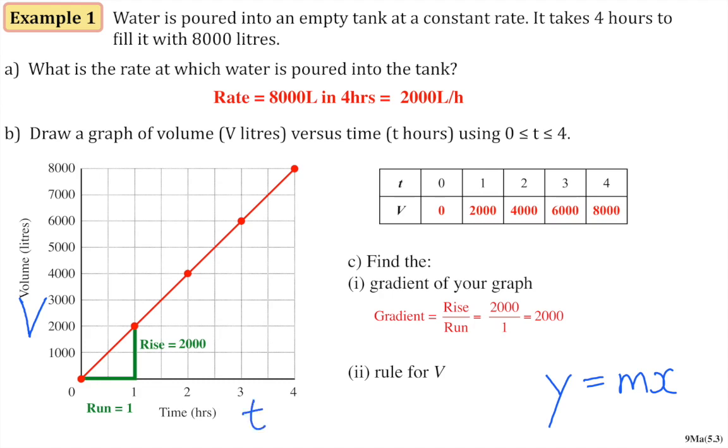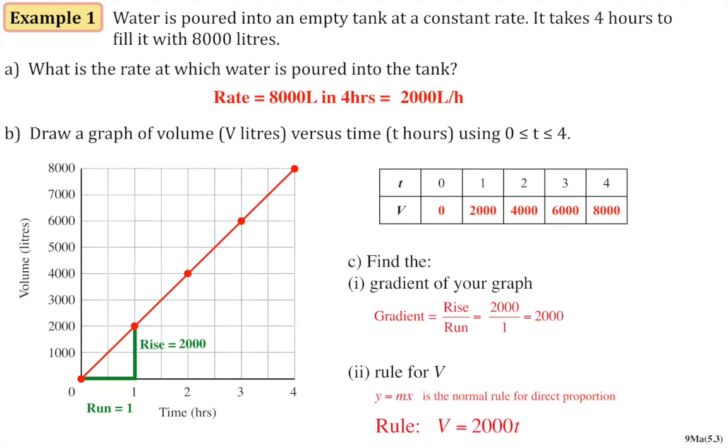So instead of using a y and an x, I'm going to be using volume equals m multiplied by time, and m is my gradient. So when I put all of that together, I get the volume equals 2,000 times t. And that's the rule for this particular example for the water being poured into an empty tank.